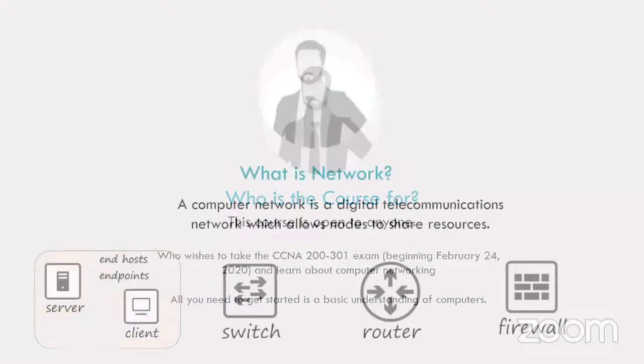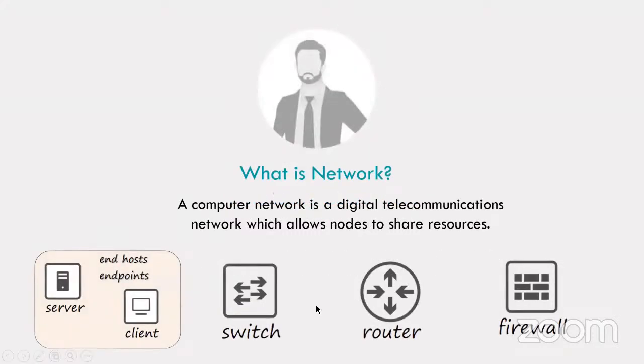Okay, so these are the different kinds of devices. Before going into this segment, I would like to ask you guys, what is a network? I have written the definition, but if someone comes to you and asks what a network is, how would you describe it in one word? Yeah, it's like multiple computers communicate and share the data.